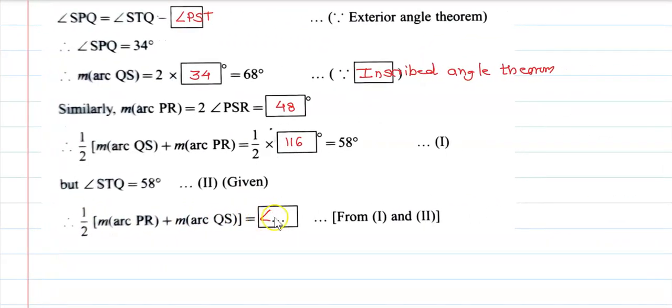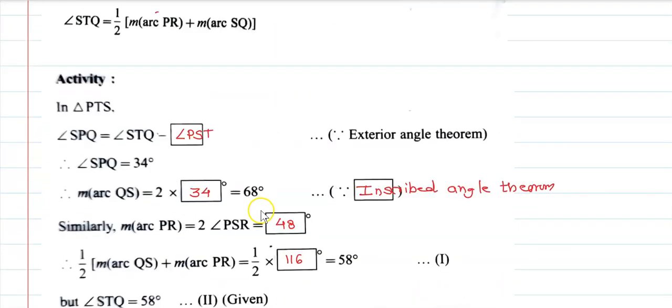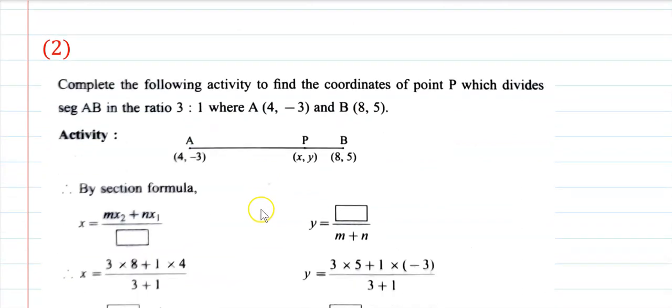Therefore, I will write here angle STQ. And hence it is a proof. That is, measure of angle STQ is equal to 1 upon 2 in bracket measure of arc SQ plus measure of arc PR. In this way it is proved. Easy activity. Now the next.